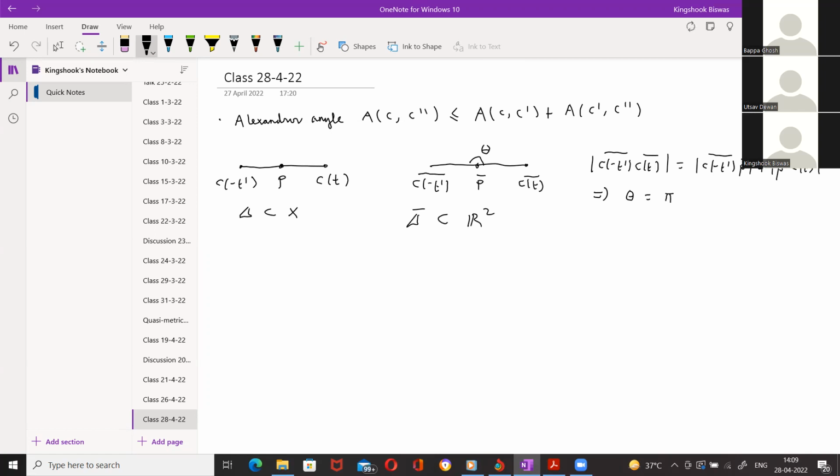So the Alexandrov angle between a forward geodesic and a backward geodesic belonging to the same geodesic is pi. Similarly, if I take a geodesic and a restriction of it, then I get two points on the same geodesic.